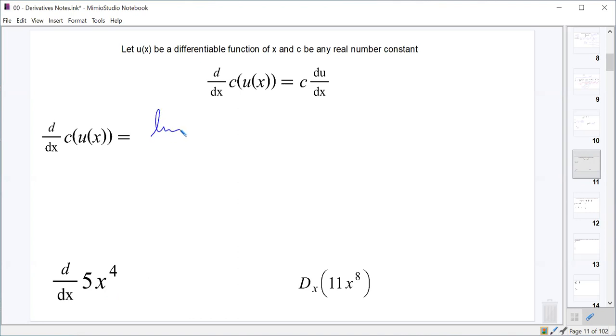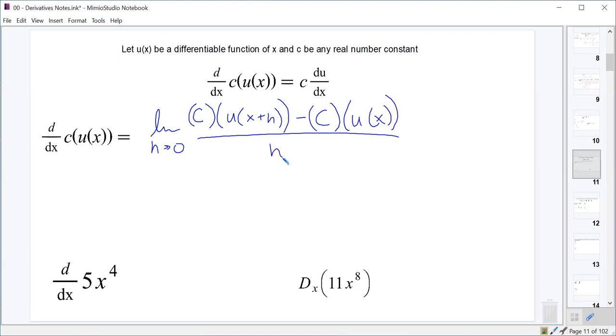The limit as h approaches 0 of c times u of x plus h minus c times u of x all over h.